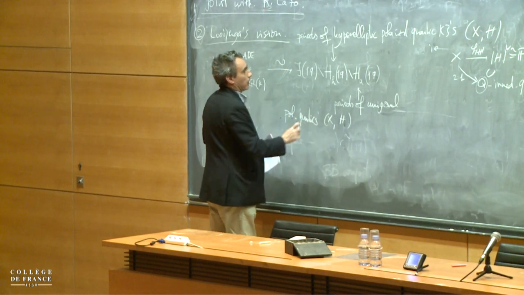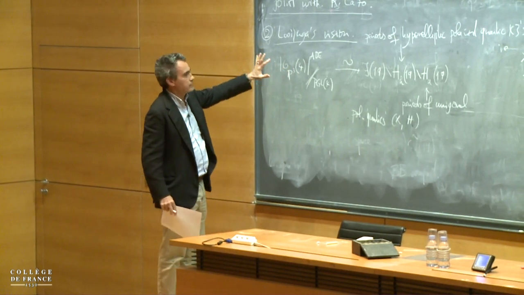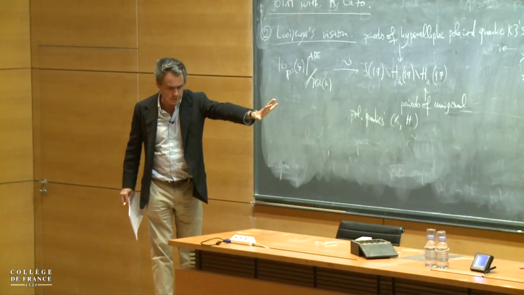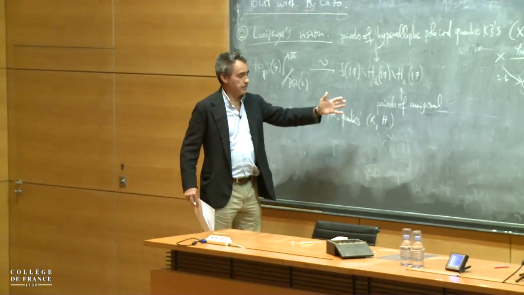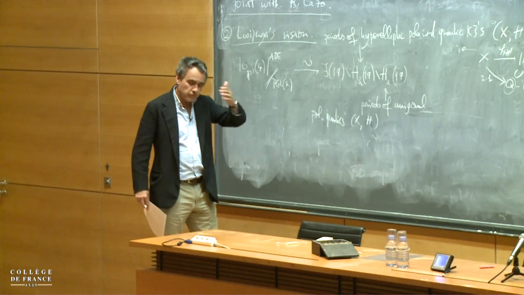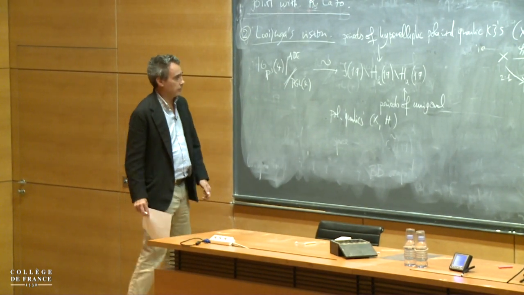So here, one risks confusing everything. On one side we have quartic surfaces in P3. On the other hand, we have polarized K3s of degree 4. So these are different moduli spaces, of course.